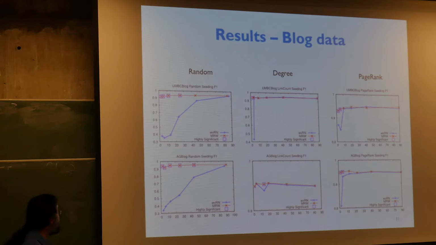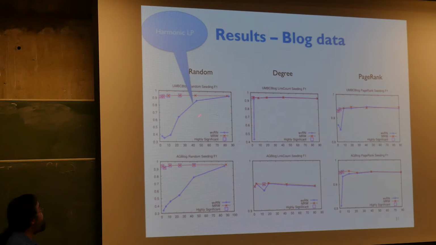And here are some experiments. This is the algorithm I just told you about, the harmonic fields label propagation algorithm. So the blue line is always that. You can see there's not a lot of difference for most of these things. These are the different seeding algorithms, and so don't try and line them up this way because they're not aligned that way.